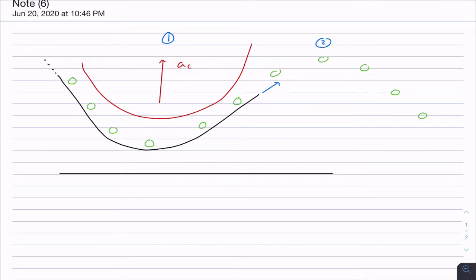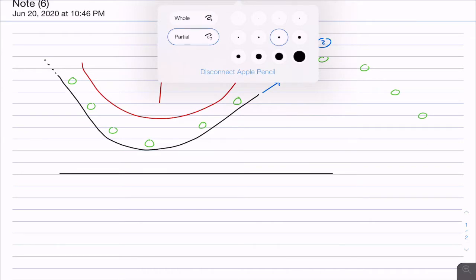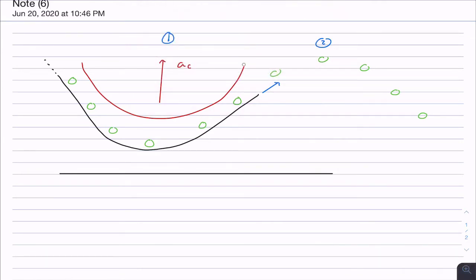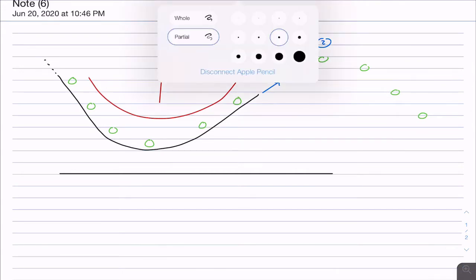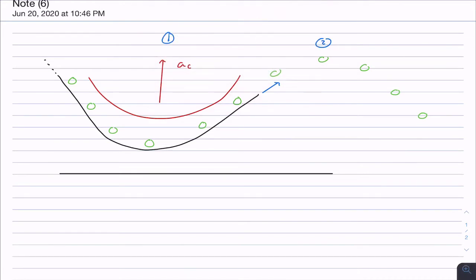Okay, so the next one, we have this ball traveling in this direction. This also is following a parabolic arc. Notice that we're not tethered to any track or anything, but we're still making this sort of motion, and we already know what direction the acceleration of gravity goes in, right?